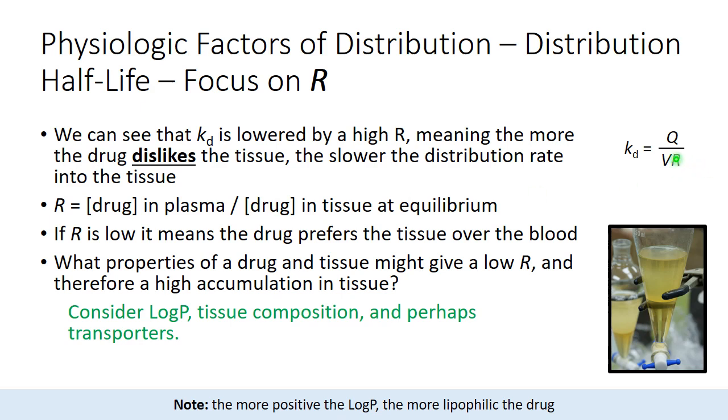That would lower the R, because the ratio is drug in plasma to drug in tissue at equilibrium. So if the R is lower because of a high log P, then the KD will be higher, and that means the distribution is faster. It's a really long way of saying a fatty drug likes a fatty tissue. A watery or hydrophilic drug that likes water will like non-lipophilic tissues, like maybe muscle tissue, so non-fatty tissues. It's that simple.